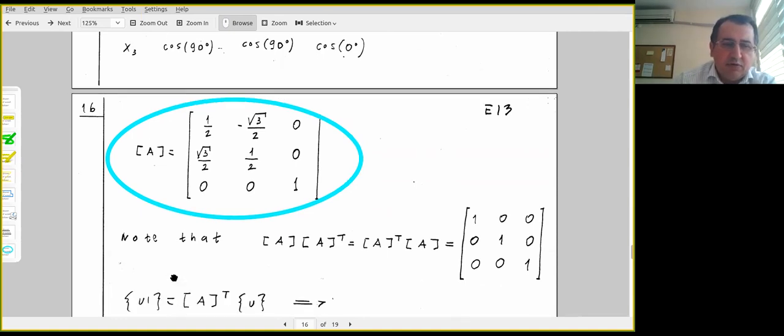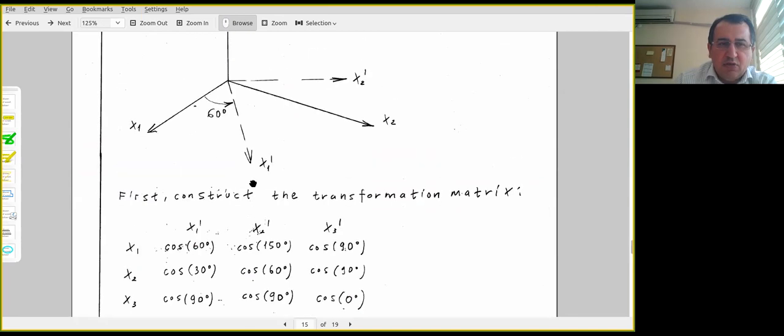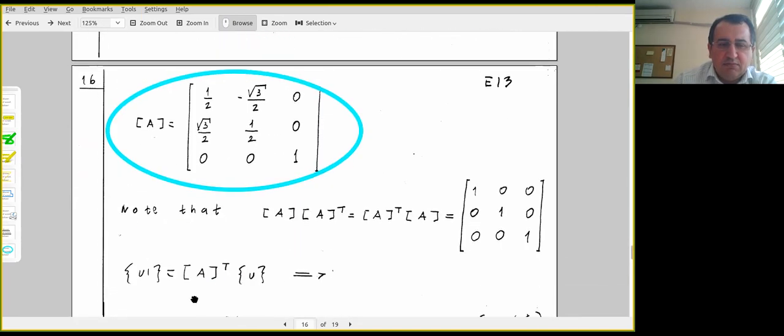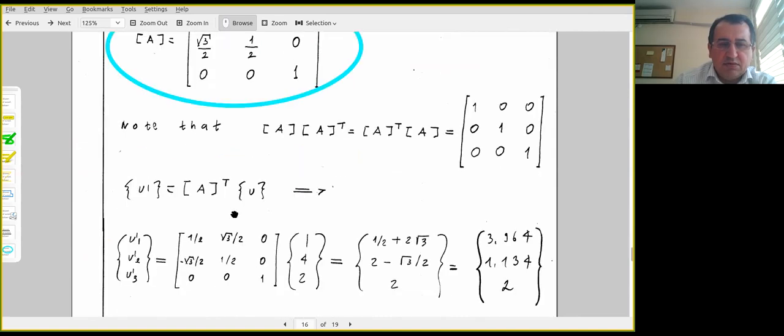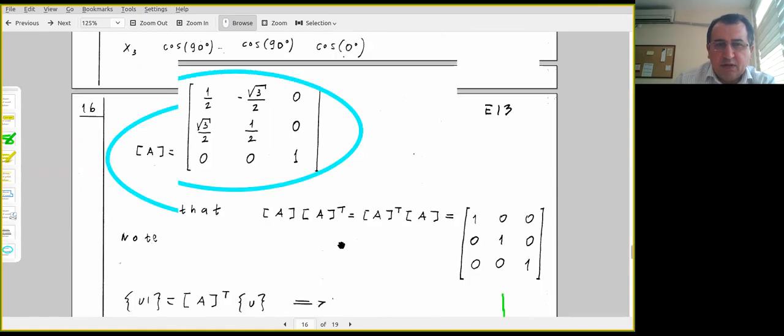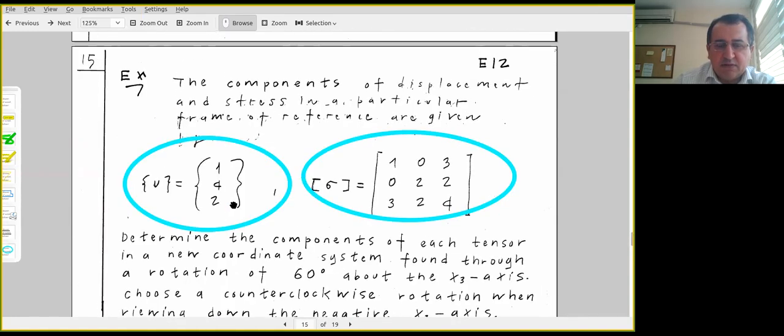It's a straightforward computation. u prime, for example, is A transpose times u. A is known and u is given. Therefore, the result is by matrix multiplication. These are the elements of this vector in the new coordinate system: 3.96, 1.13, and 2. The third axis is not changed.